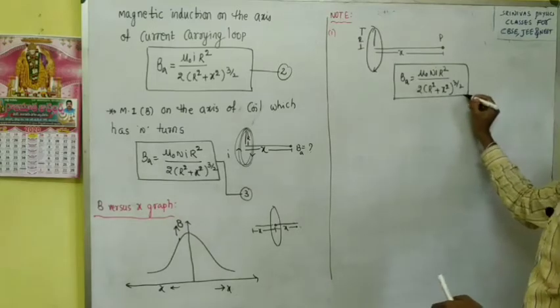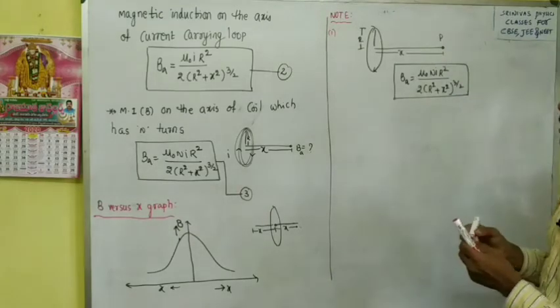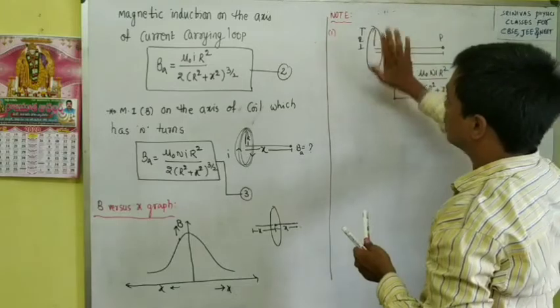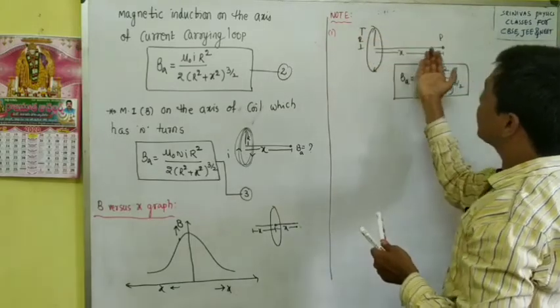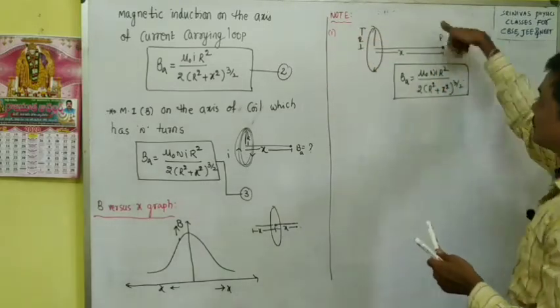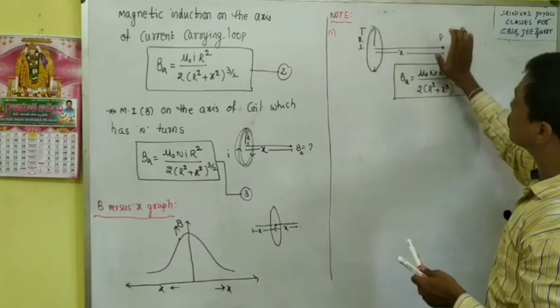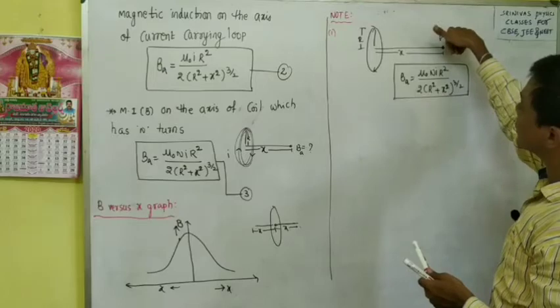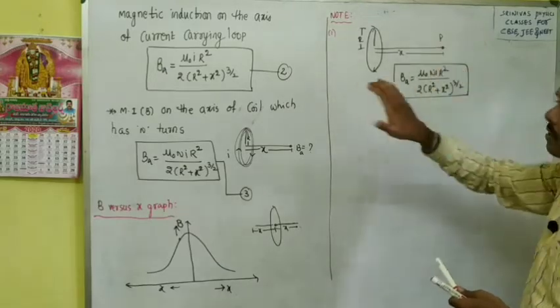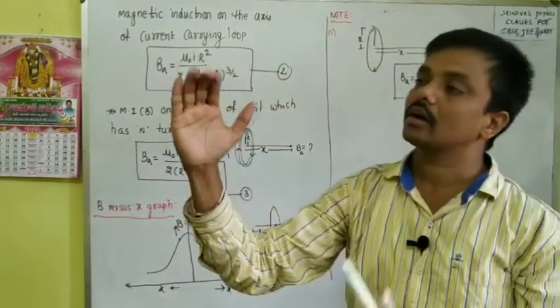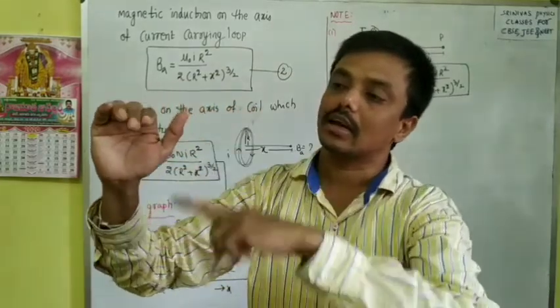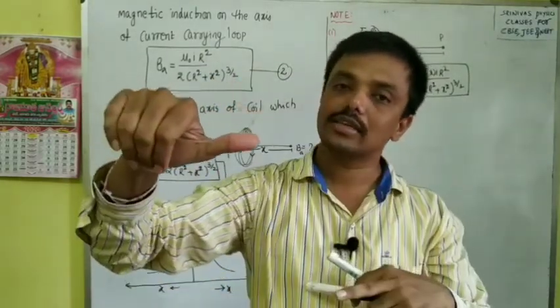Its direction is, if the current is clockwise like this, then the magnetic induction is at this point. Look at here, the current is clockwise like this. Curved fingers indicate the current and the thumb indicates the field. For example, if the current is like this in the current carrying loop, then the field is left side.